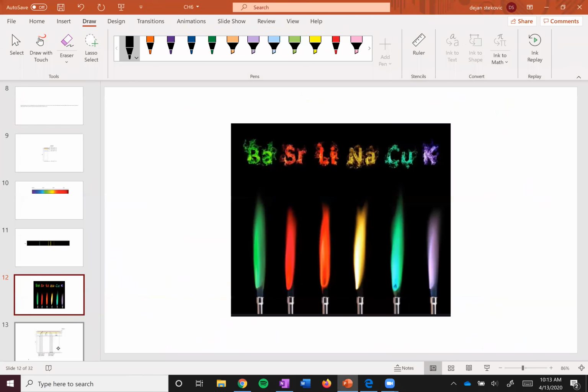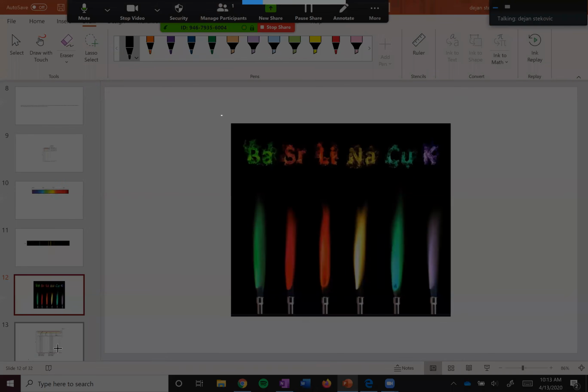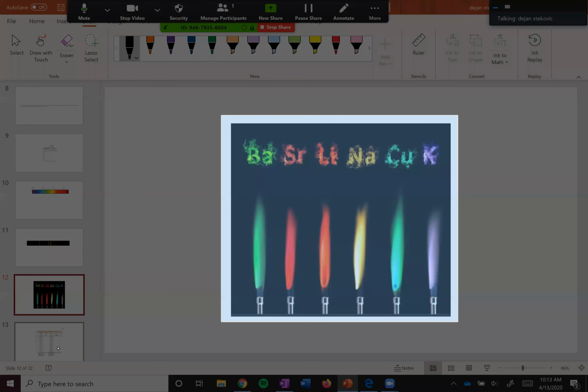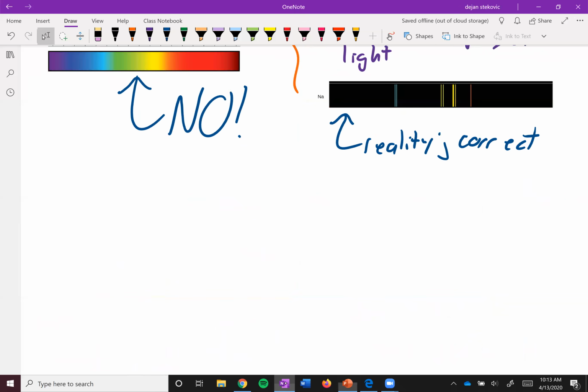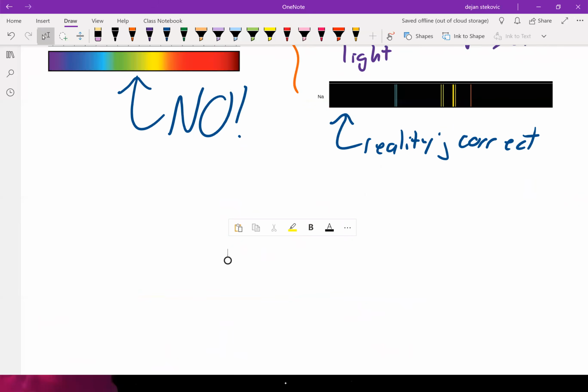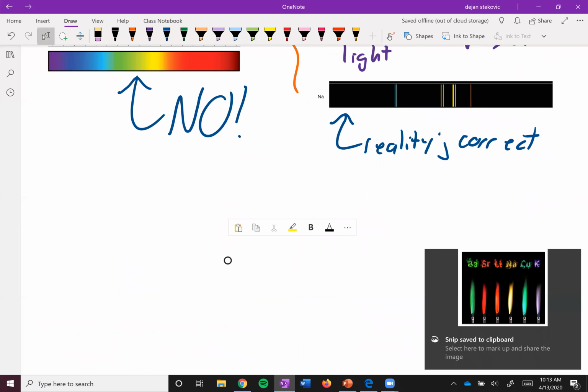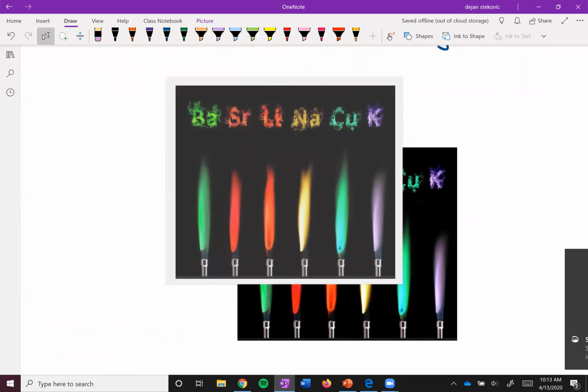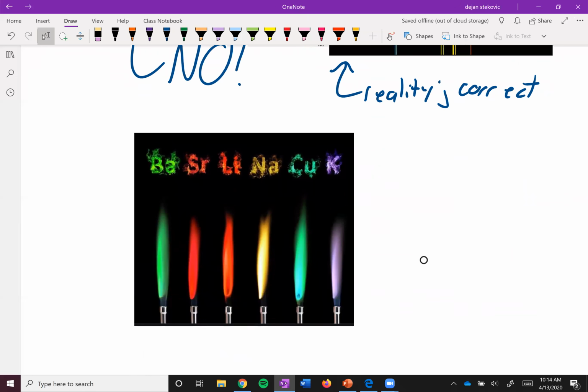And so a great example of this is a flame test of different elements. So you can put different elements under a flame and they'll emit different colors. And these colors basically correspond to these energy transitions. So there's a cool example. You can see the different elements and their different colors, right? Barium, copper, potassium, all pretty cool.